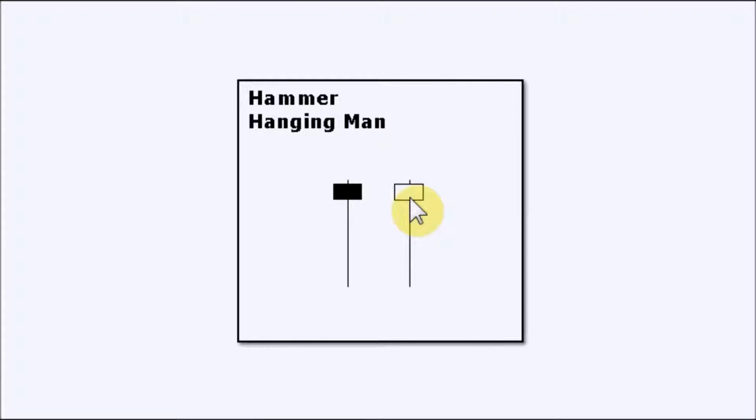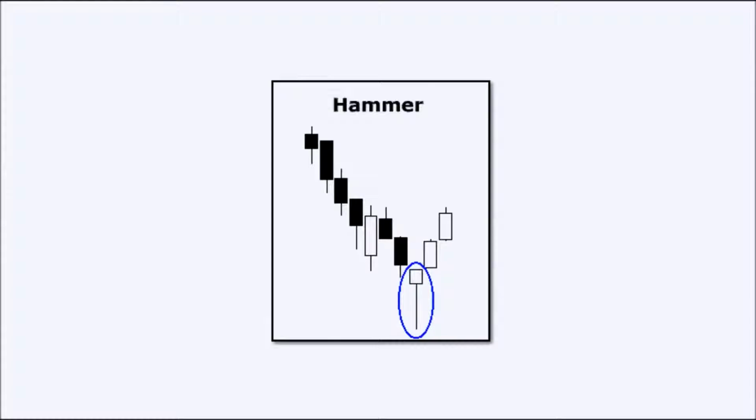Okay? Now, the hanging man is actually on the left here. It is also a reversal signal that is found after a long period of uptrend, and it can signal a reversal of trend to the downside.